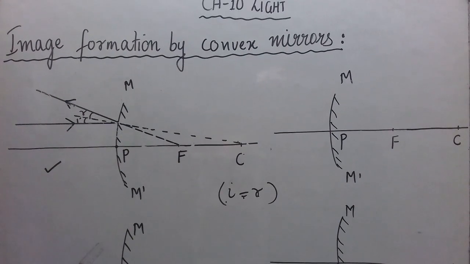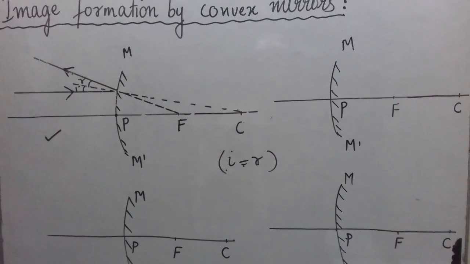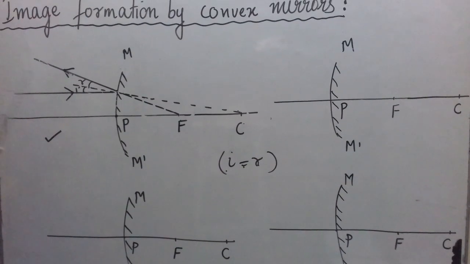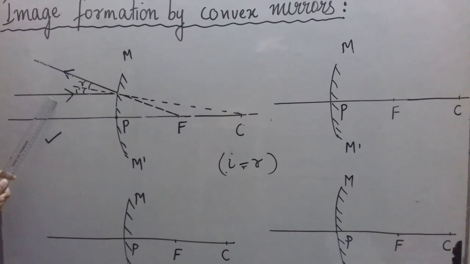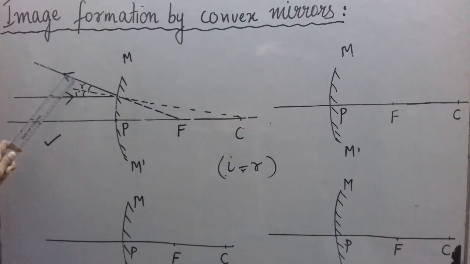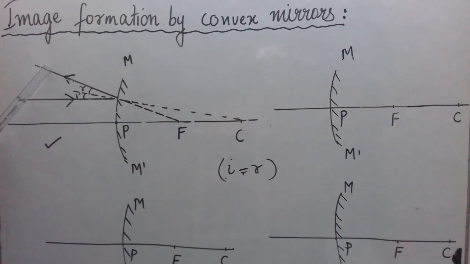Now let us consider the second type of incident ray, which is very simple. We know the law of reversibility of path, that light retraces its path back. Suppose if this is our incident ray, this becomes our reflected ray. We can easily see that if this is I, R should be equal to I, then this will be a reflected ray with arrows in the reversed direction.